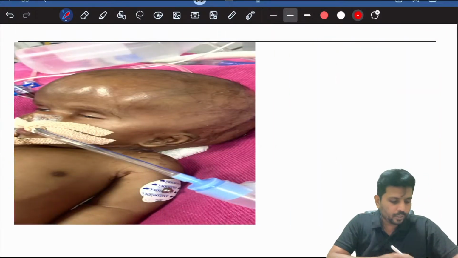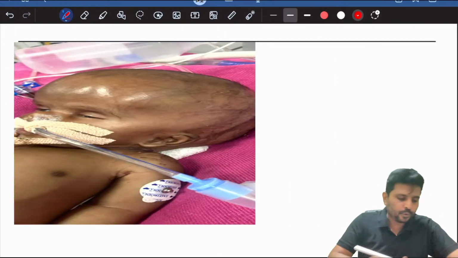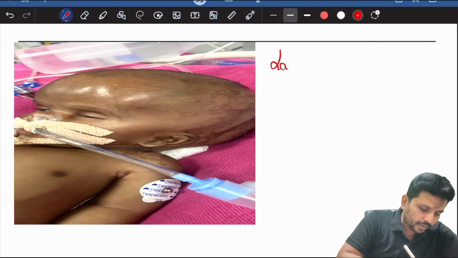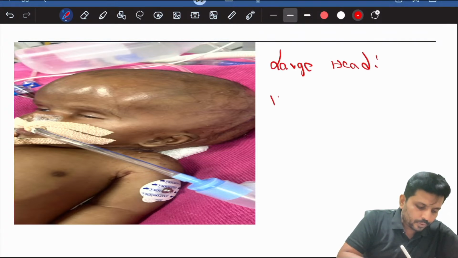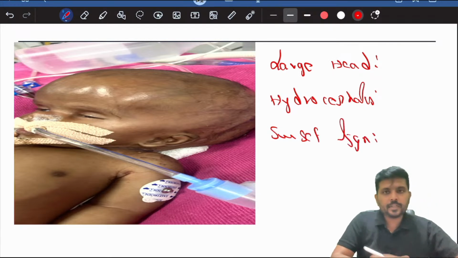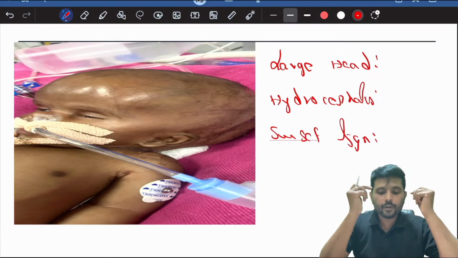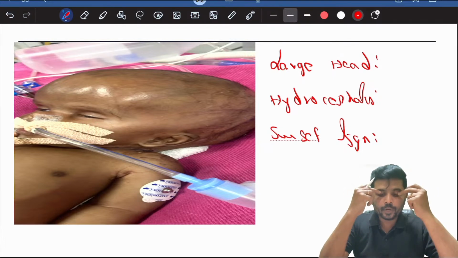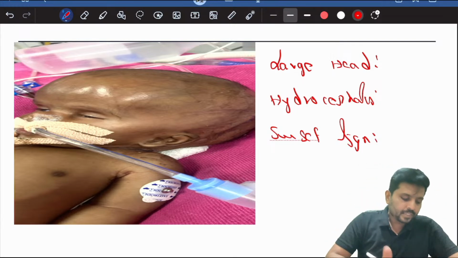What is this? Look at this. The child is having a large head, otherwise known as congenital hydrocephalus, which is characterized by sunset sign. Both corneas will be looking down and the white of the conjunctiva will be visible above. This is called sunset sign.